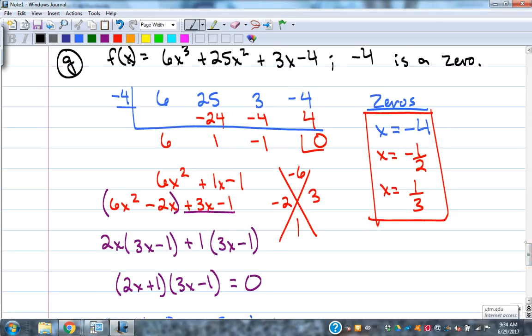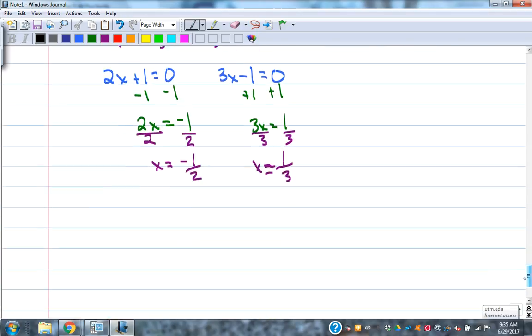So the process we're going through is synthetic division with the 0 we know about, get it down to an x squared problem, then either use factoring or quadratic formula to get the other zeros. Let's look at another example.